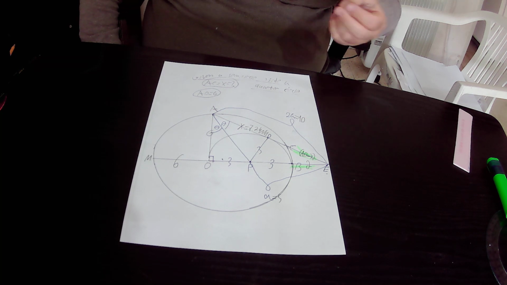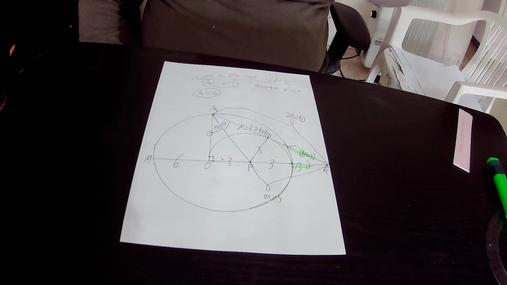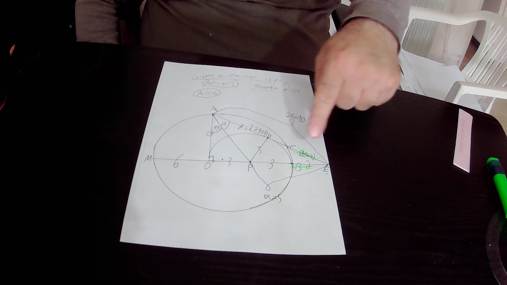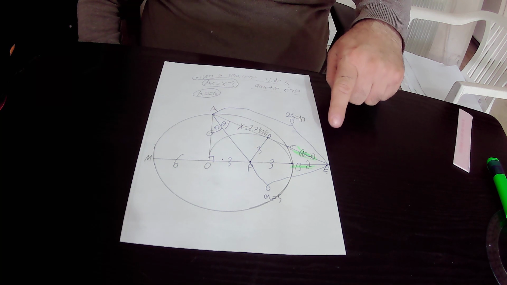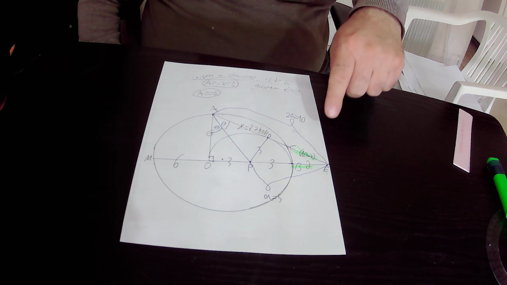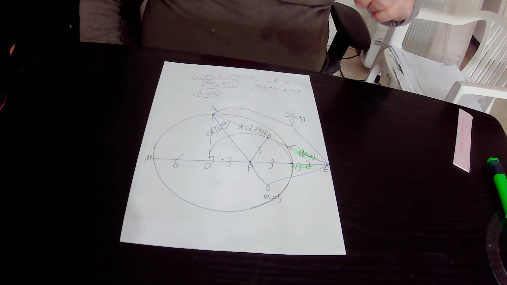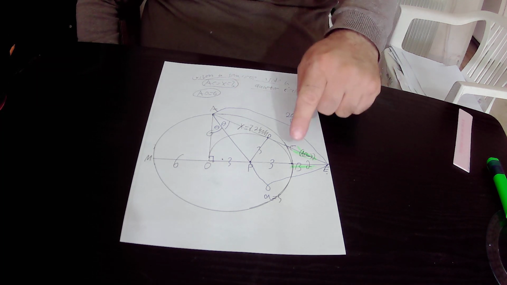Therefore, according to rule number 3, we get that EC times EA equals EB times EM.